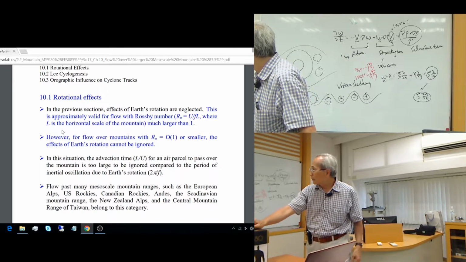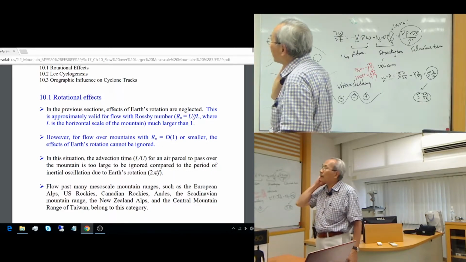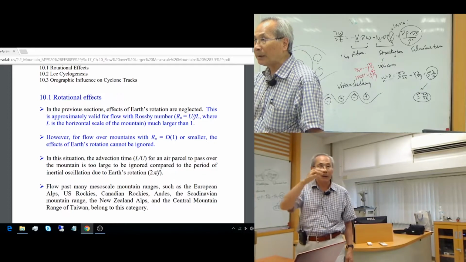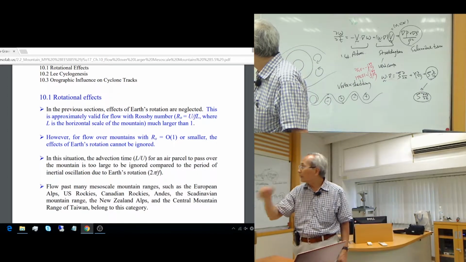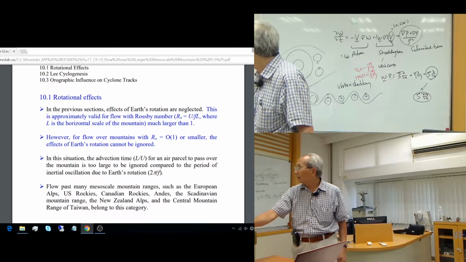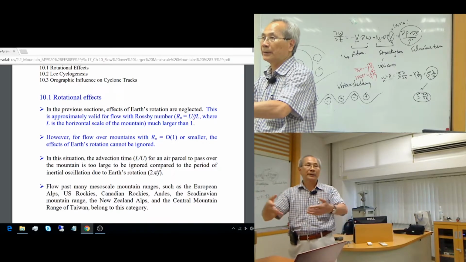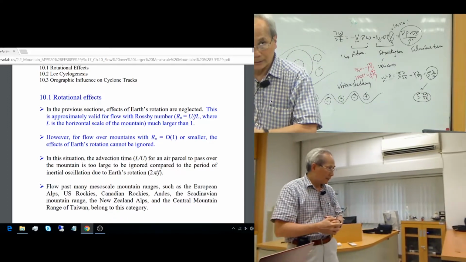When this Rossby number is much larger than 1, then we can ignore it. But when it's about 1 or less than 1, we cannot ignore it. So when the Rossby number is of order 1 or smaller, we have to consider the effect of the rotation.